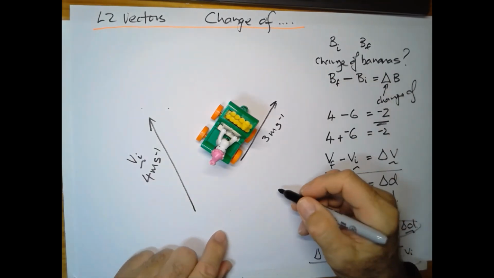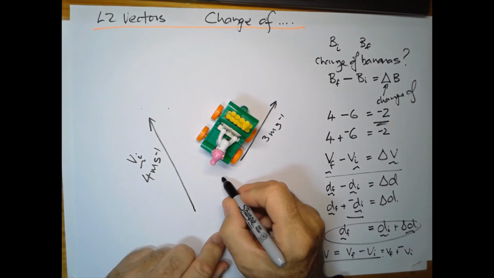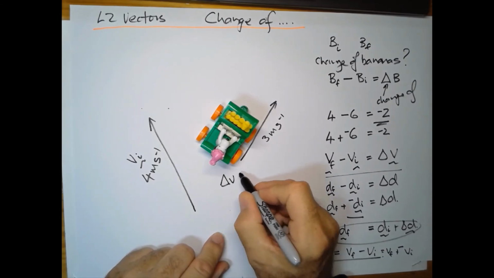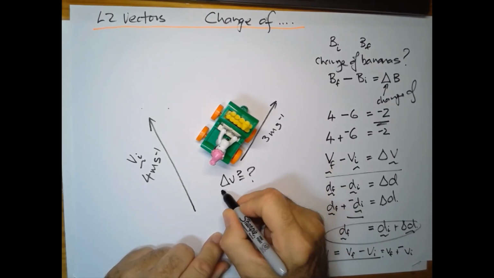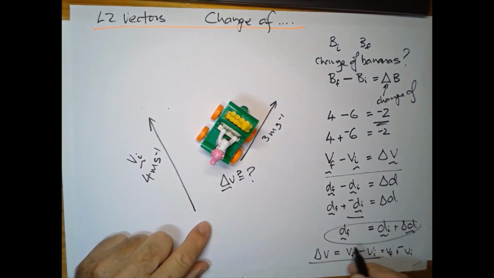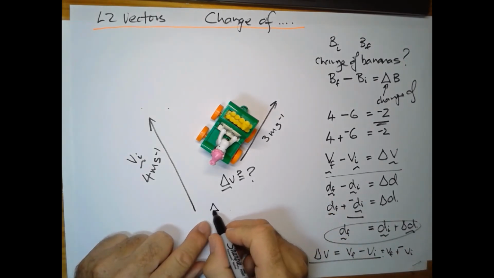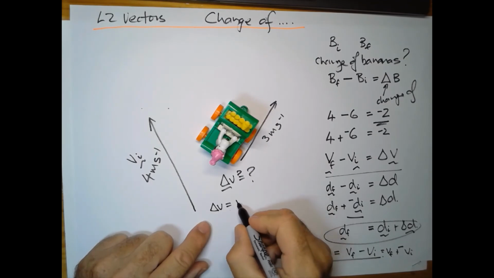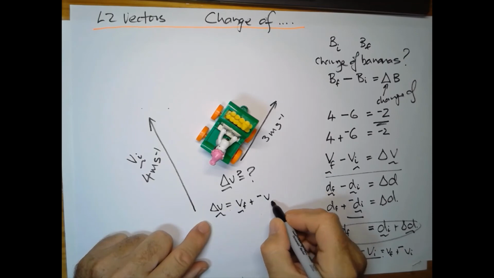And we want to ask the question, what is the change of velocity? What is the change of velocity? And our formula that we looked at before, the change of velocity is equal to the final velocity plus the negative of the initial velocity.